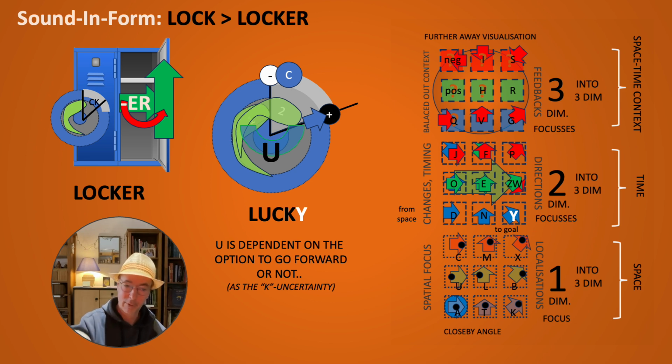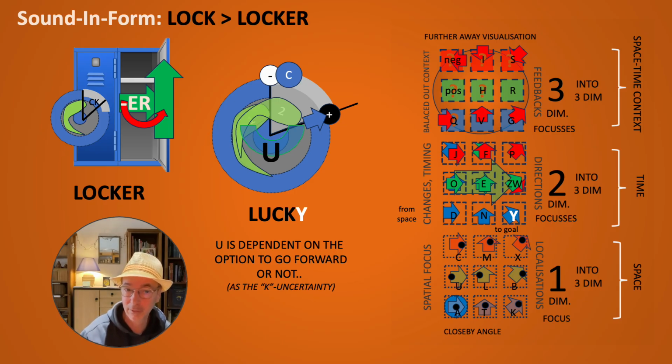Lucky, I will need an extra letter there, which we hadn't before, so I take the scheme. The scheme says it's at the third position of the options of changes and directions and so on. So it is focusing from space to the end goal. So the lucky says, okay, I will focus and I will direct myself immediately to that focus, to my end goal.